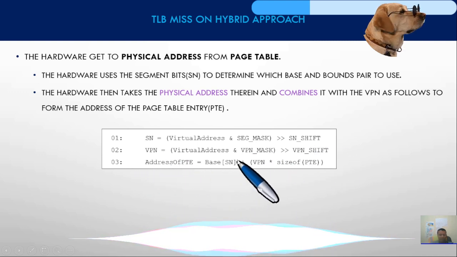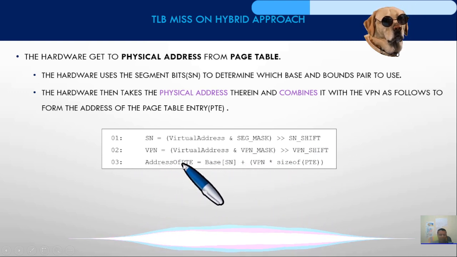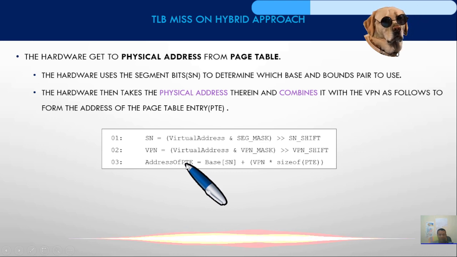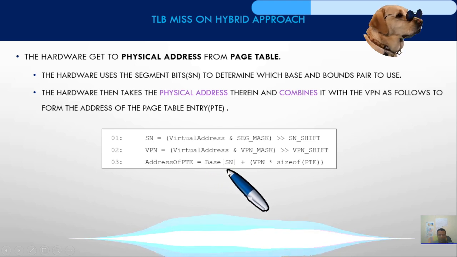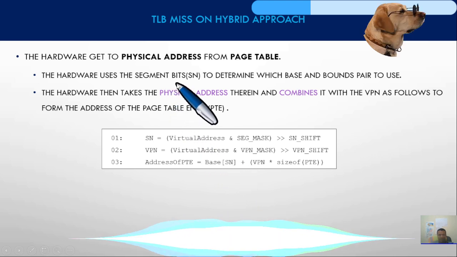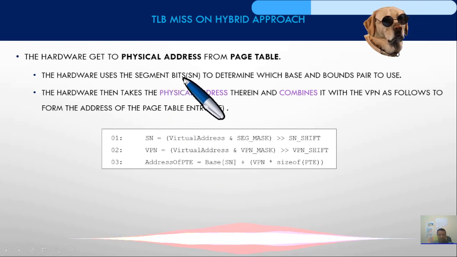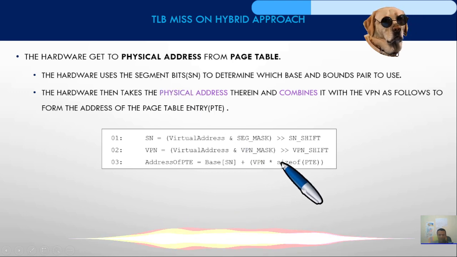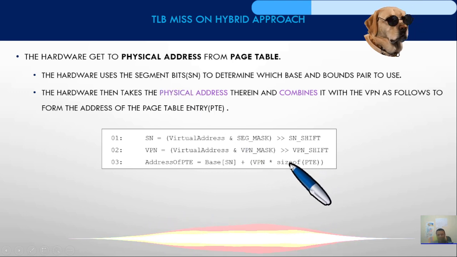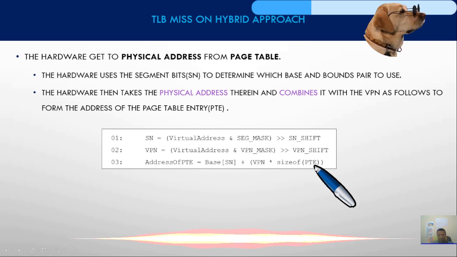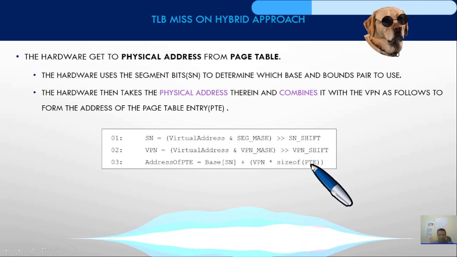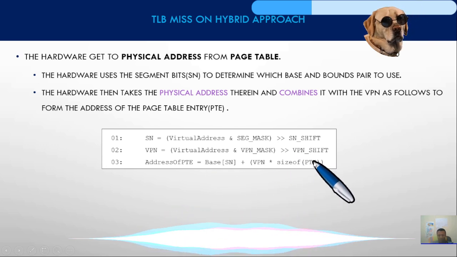And thirdly, the address of the PTE is equal to the base of the segment plus the VPN times the size of the PTE. So this is the page table entry.